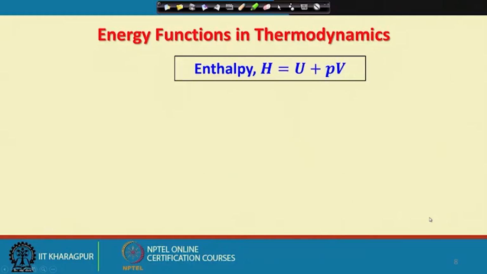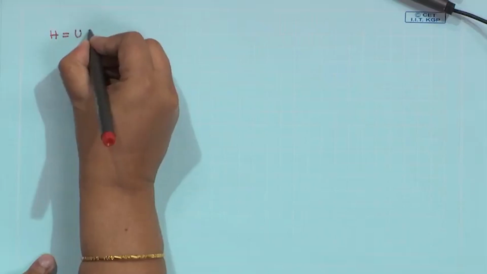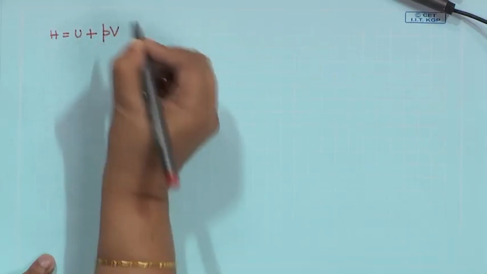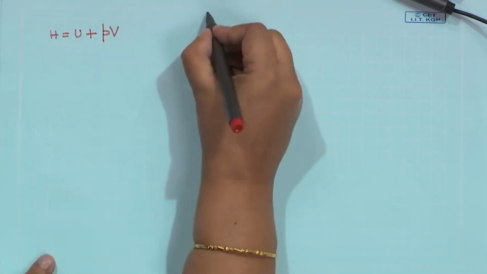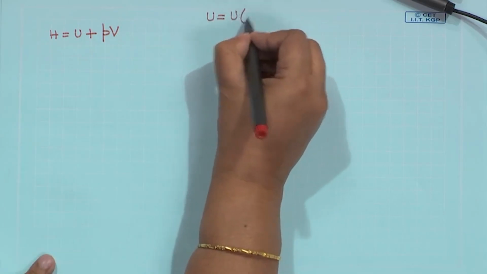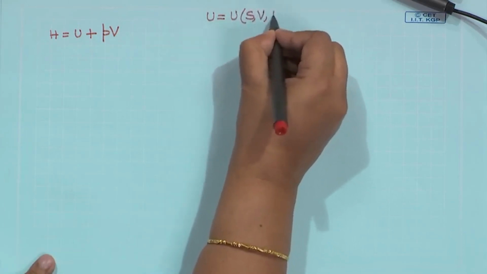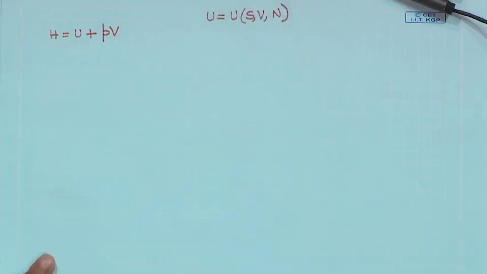Now, we next come to another energy function that we have seen in the consequence of the first law of thermodynamics, which is enthalpy. By definition, enthalpy is H equal to U plus PV. Now, I would like to ask the question, just as U was a natural function of S, V and N in a closed system, what are the natural variables of H?